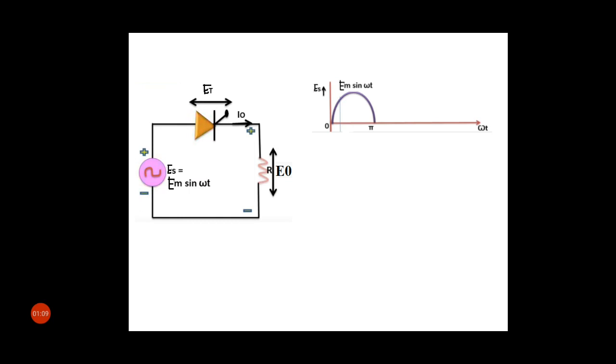When the gate pulse is applied, the thyristor starts conducting. During the period 0 to alpha, the thyristor blocks the supply voltage and the load voltage remains 0.